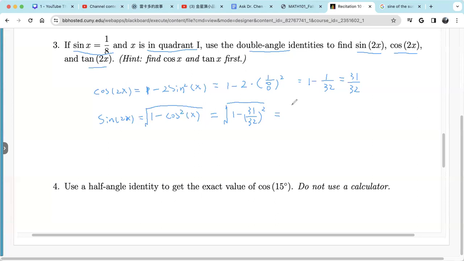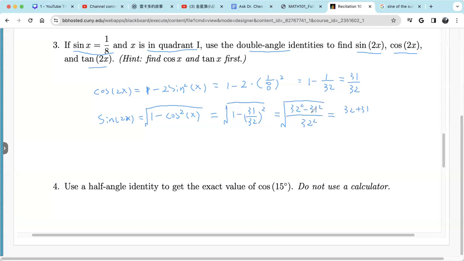So we get 32 squared minus 31 squared. So 1, we change 1 to be 32 squared over 32 squared. Well, 32 squared minus 31 squared, difference of two squares. So that becomes 32 plus 31 times 32 minus 31.